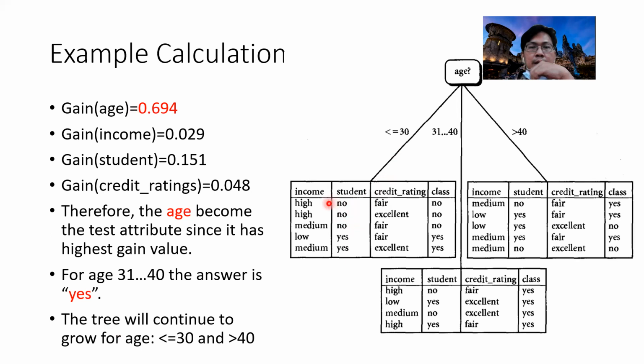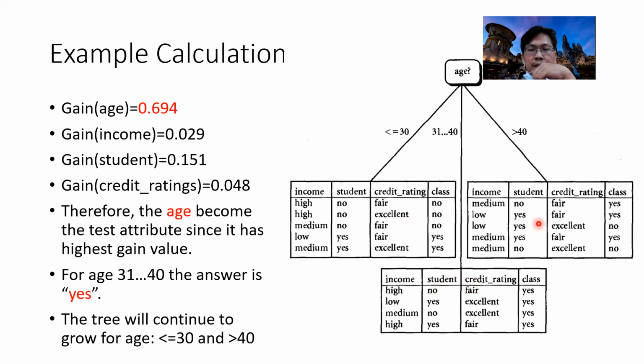This is the income, student, and credit rating with each class for the age under 30, 31 to 40, and more than 40. You see that in the middle age, all the answers are yes. So this becomes a leaf, or the final. So if the age is 30 to 40, it may buy the computer.